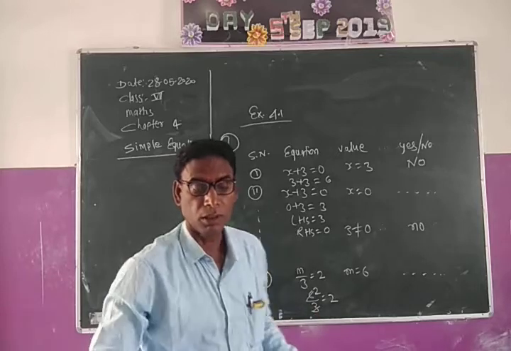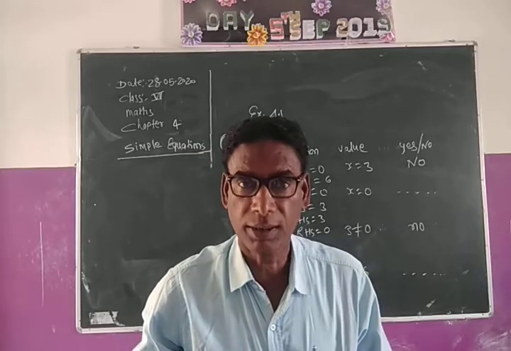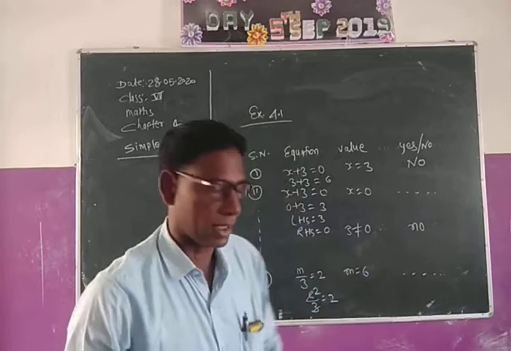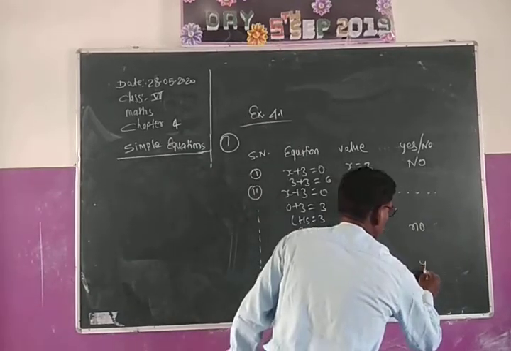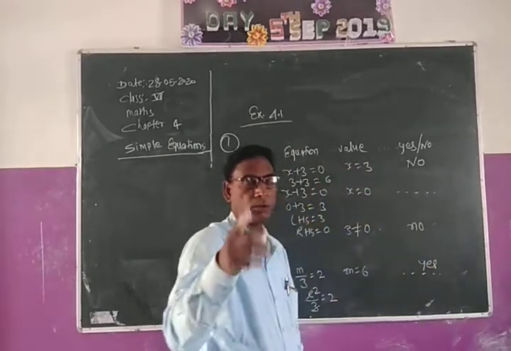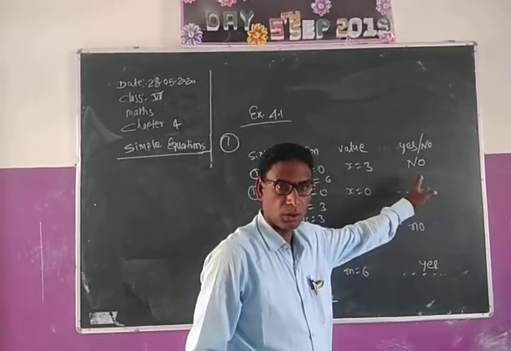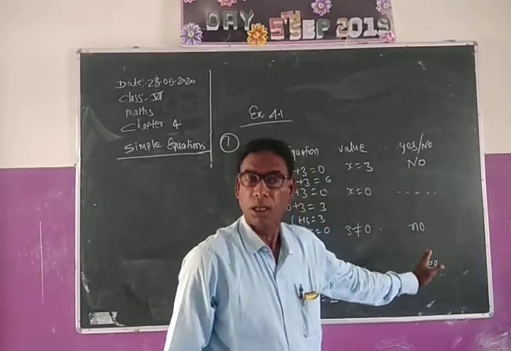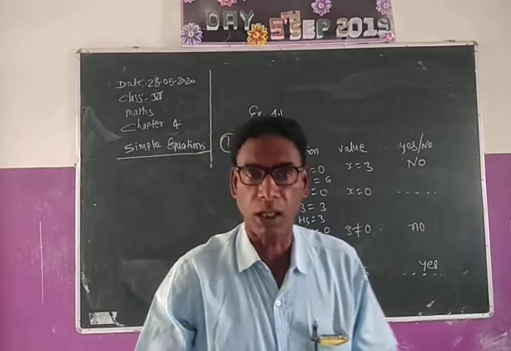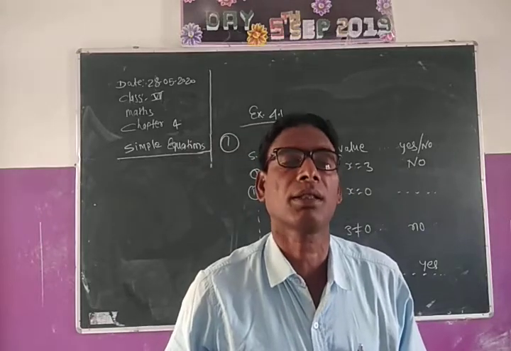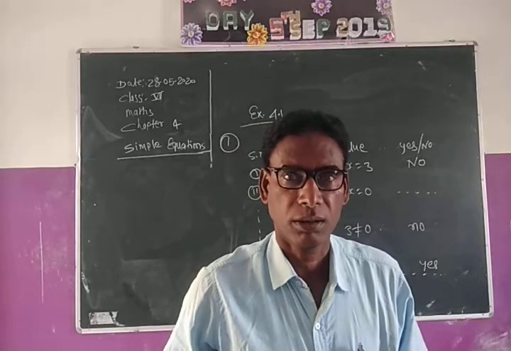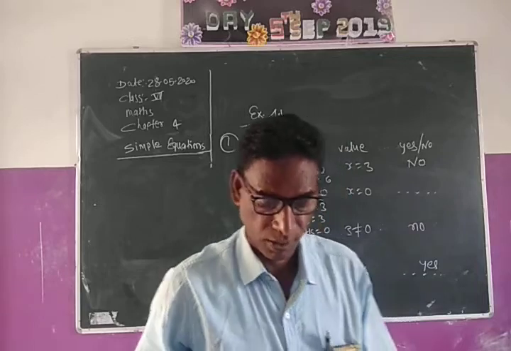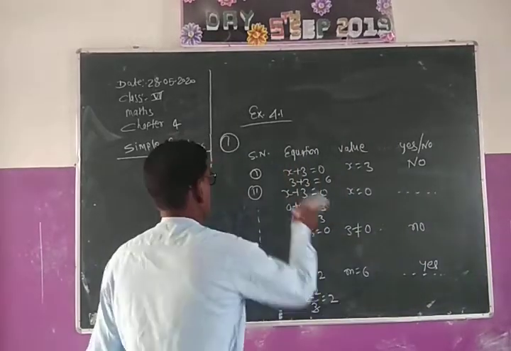Therefore, the value 6 satisfies the equation. Yes. You will write only yes or no in the given places. But first you will solve, then you will write the yes or no. Now question 2.